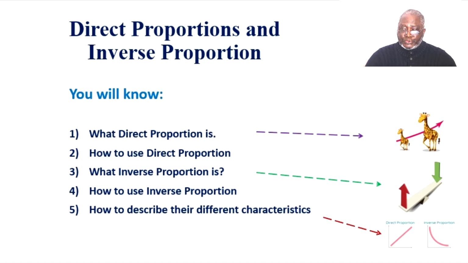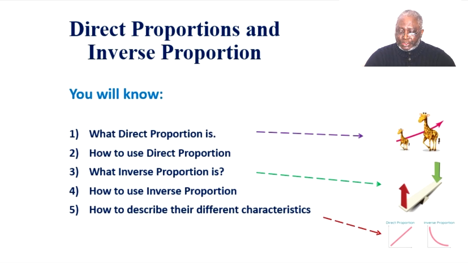You will note the arrows and the little icons each of them are pointing to. With the direct proportion, you see the two giraffes. One is a little giraffe, but eventually will grow as the other one has grown, so they are moving in the same direction.